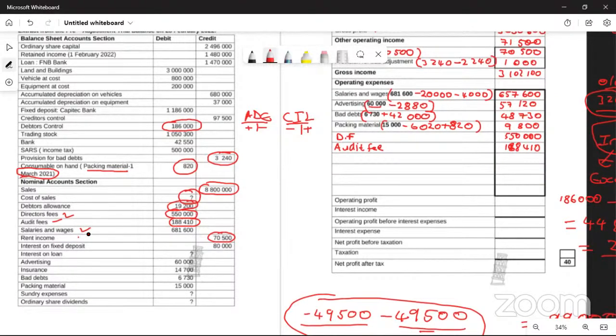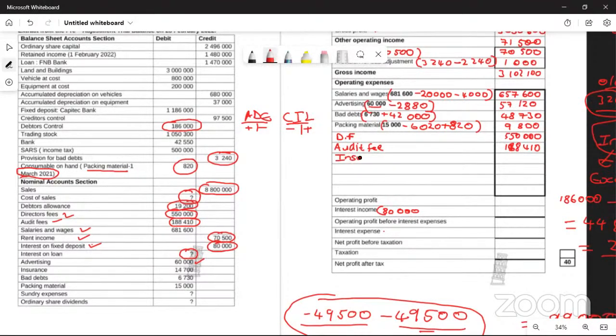It's a tick. Rent income, it's already used. Interest on fixed deposit 80,000. Remember, interest income goes below, it will come in under your interest income, so we put it there because we don't yet know about this 80,000. Then interest on loan also gets a question mark, so we will calculate it. Then we have advertisement, which we have already used, and then insurance.